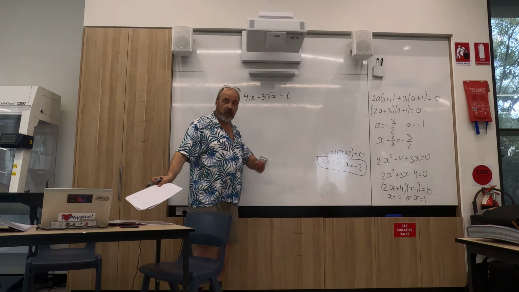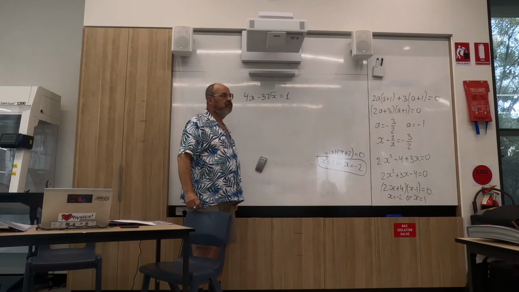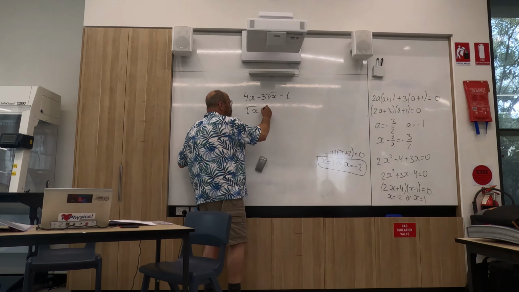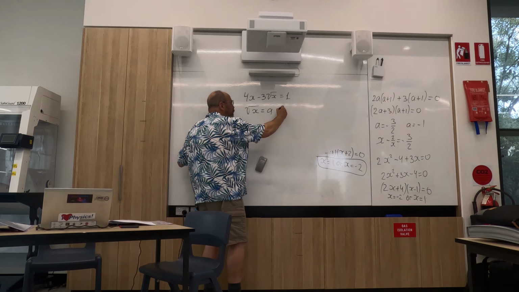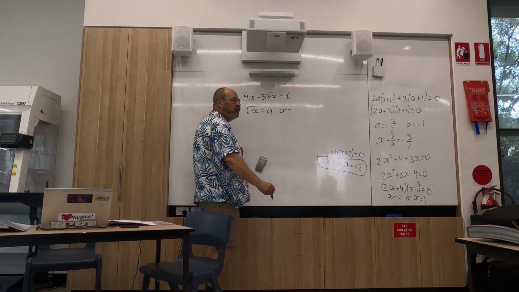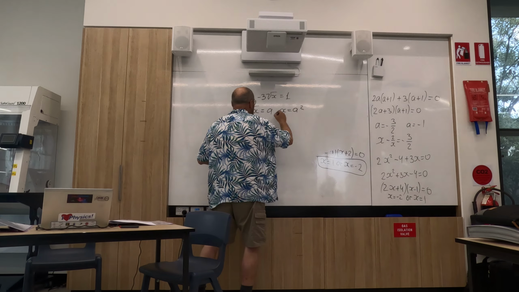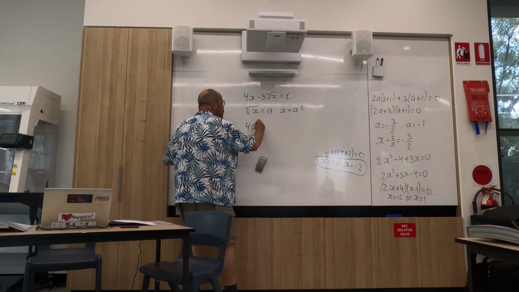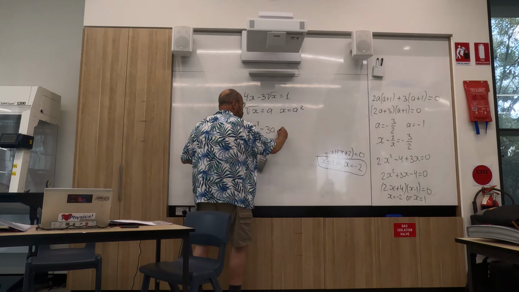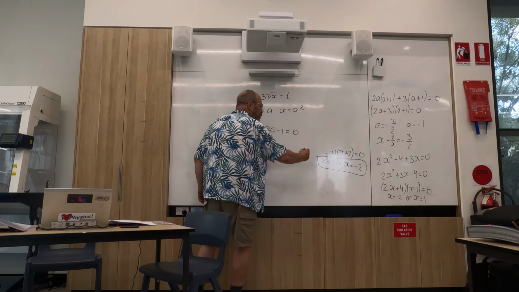What substitution should we do here? Root x equals a. So then x equals a squared, and we have 4a squared minus 3a minus 1 equals 0.